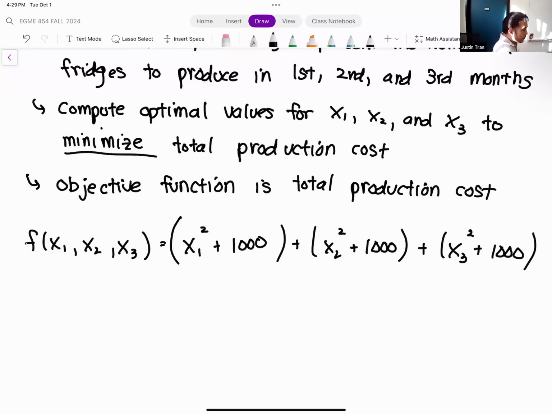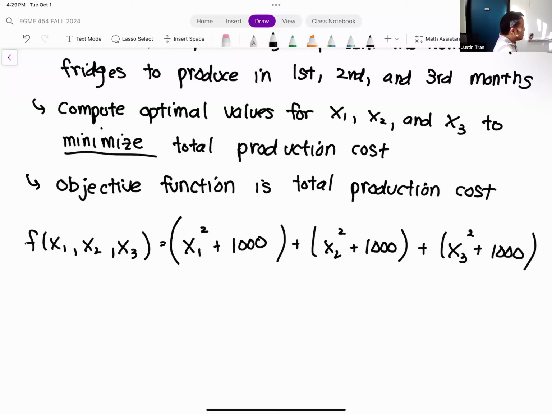So based on that form for the manufacturing cost, you can see why the company is interested in storing some refrigerators, right? Because each month, you have a portion of the cost that scales with the amount of refrigerators that you're producing. That's the x squared component. That's pretty common: the more products you manufacture, you need to pay for the labor, the time, and all the materials required to make them.